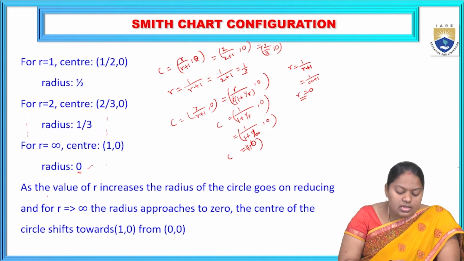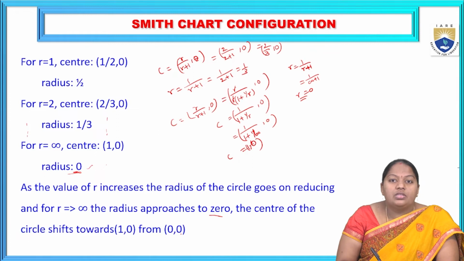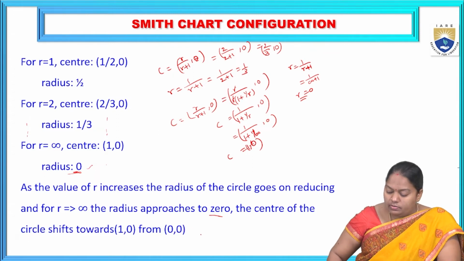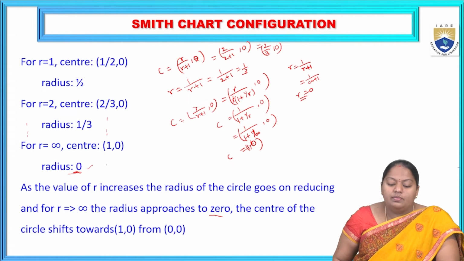Like this, as the value of r increases, the radius of the circle goes on reducing, and for r tends to infinity, the radius approaches 0. For r equal to infinity, the radius is equal to 0. Then the center of the circle shifts towards (1, 0) from (0, 0). This is the one we will particularly observe.